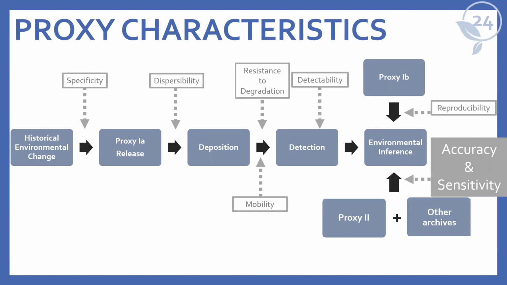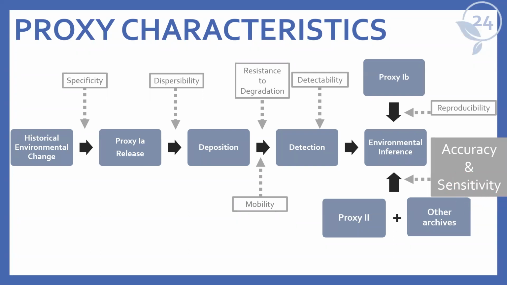Sensitivity is highly variable. It's how sensitive your proxy was to environmental changes. But this one is highly dependent on what your sampling profile is, whether it's every 0.5 centimeters or 1 centimeter. That temporal resolution from your core can really influence the operational sensitivity of your proxy.